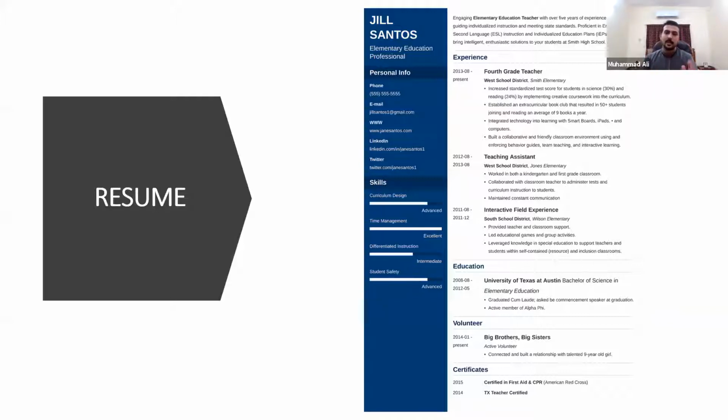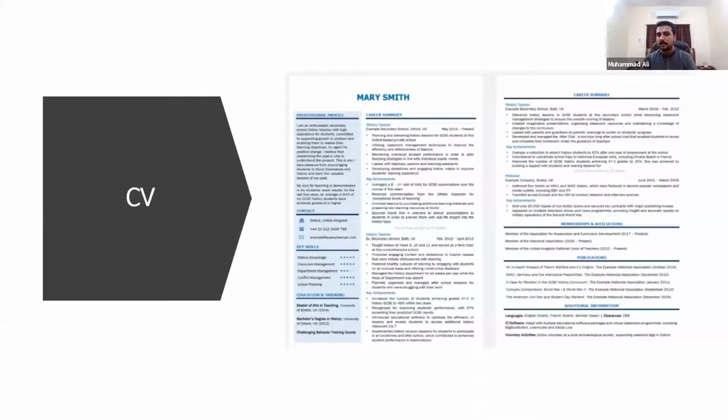They don't have time. They'll just look at that 1 single page and try to guess how you are as a candidate for that particular position. On the other hand, a CV is a much longer document. It'll have more detail, and we'll be discussing how to formulate that detail and what are some of the sections of CV in the next few slides.